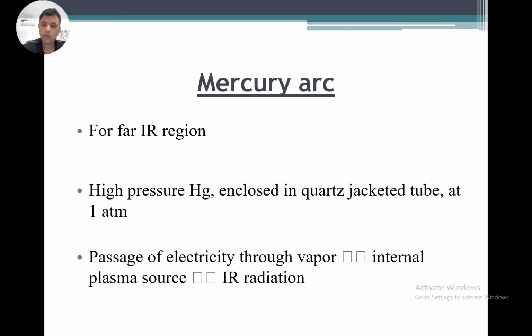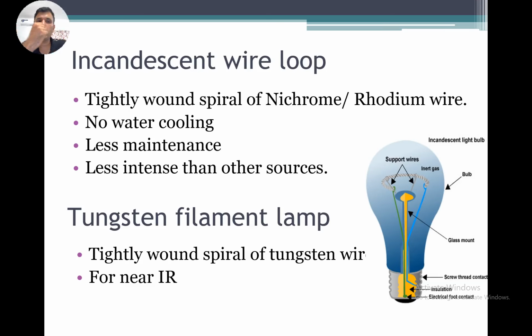Then the other sources include the incandescent wire loops and the tungsten filament lamp. The incandescent wire loops are actually wound spirals of nichrome or rhodium wire. Once electricity is passing through this wire, it emits some IR radiation.